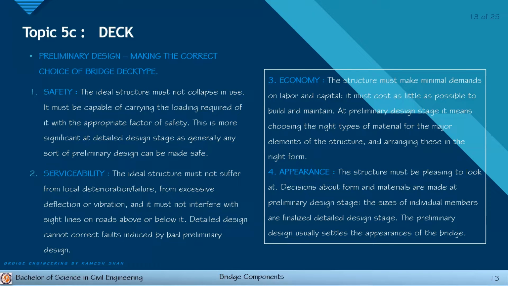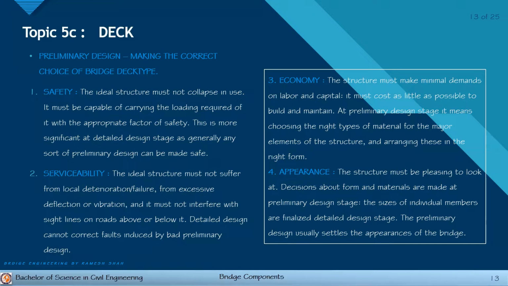So dapat sa preliminary design pa lang, makikita na doon kung gaano ba ka-safe ang ating bridges. Dapat makita na din ang transparency kung ano yung factor of safety natin for our bridge. Kung capable ba siya na magdala or mag-transmit ng ating mga loadings na pwedeng or possible na dadaan sa ating bridge, such as our dead loads and even our live loads, na kung saan masasabi nating hindi talaga magkakaroon ng collapse.